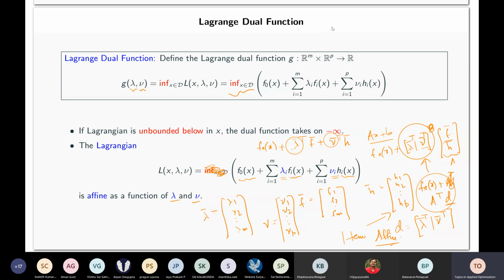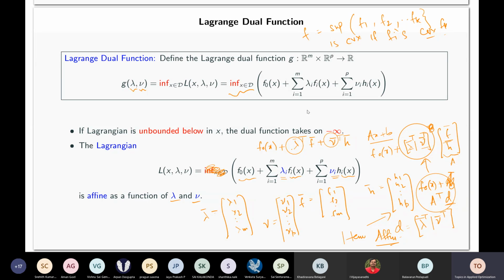Now the result that we know is that the supremum of convex functions is convex, if fi are convex functions, right?